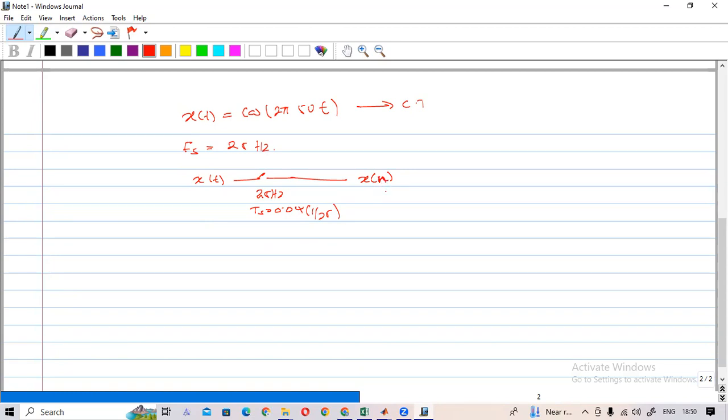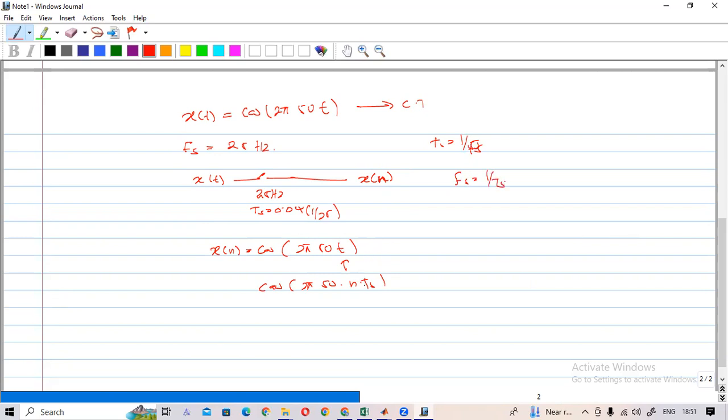If you want to find this x[n], you have cos 2550t, and instead of this t you put nTs. Ts is equal to 1 over Fs, that means Fs is equal to 1 over Ts.